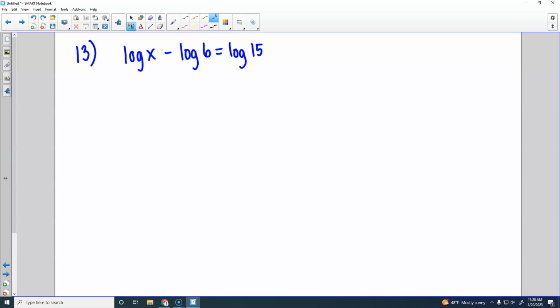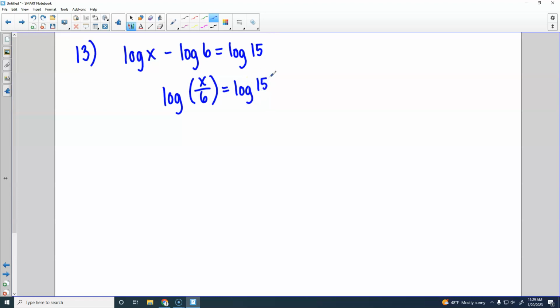So we're going to use those rules that we were using yesterday to combine logs on each side. So this would be the quotient rule because we've got subtraction. So we would combine that and make it log of x over 6 equals log of 15.